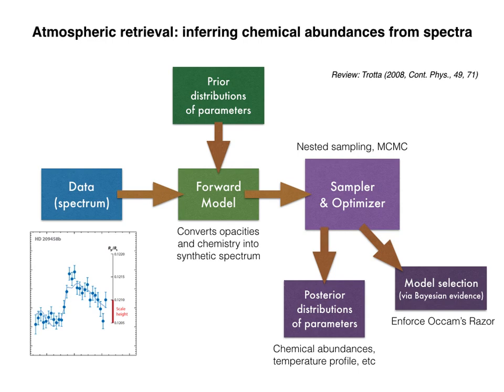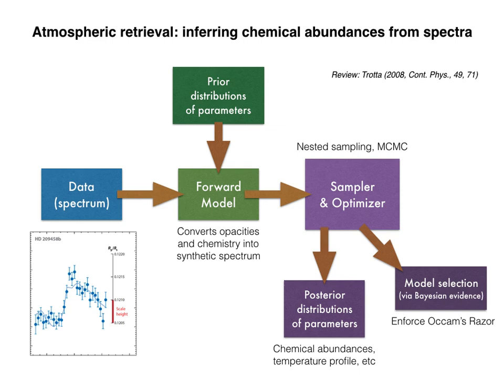Standard techniques include Markov chain Monte Carlo or nested sampling and so forth. And these samplers will give you the posterior distribution of parameters, which in our case are the chemical abundances, how much water, how much methane, the properties of the temperature profile, cloud properties, and so on.